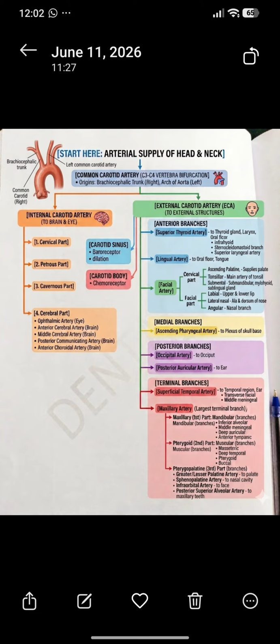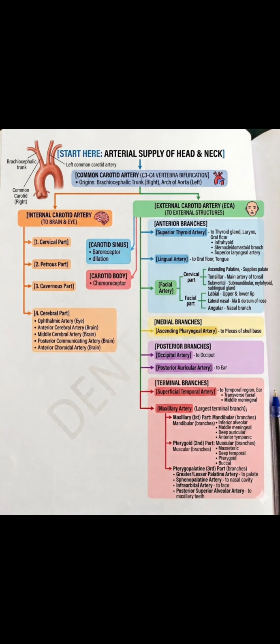The medial branch is the ascending pharyngeal artery, posterior are the occipital and posterior auricular artery, and terminal are superficial temporal and maxillary artery. All of this we have covered. Only the maxillary artery branches remain. It is an important topic and its branches are asked many times, so we will cover it in the next video in a simplified manner and in a mnemonic way so that you can remember it. If you have any doubt you can ask me anytime.